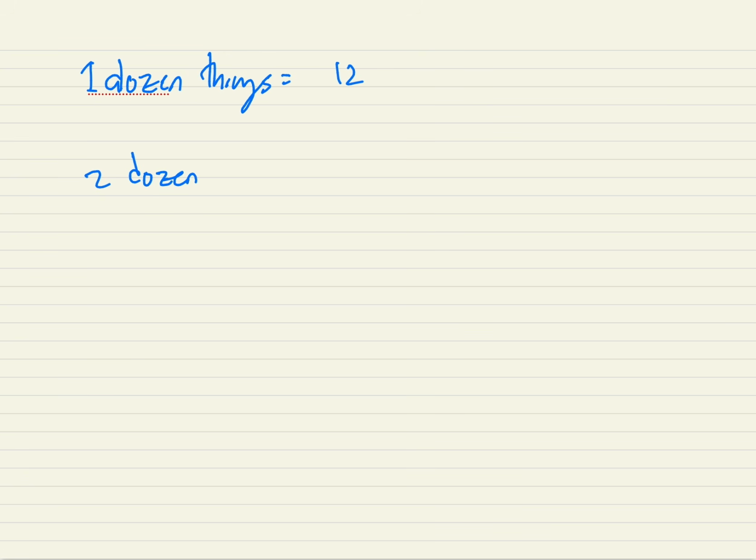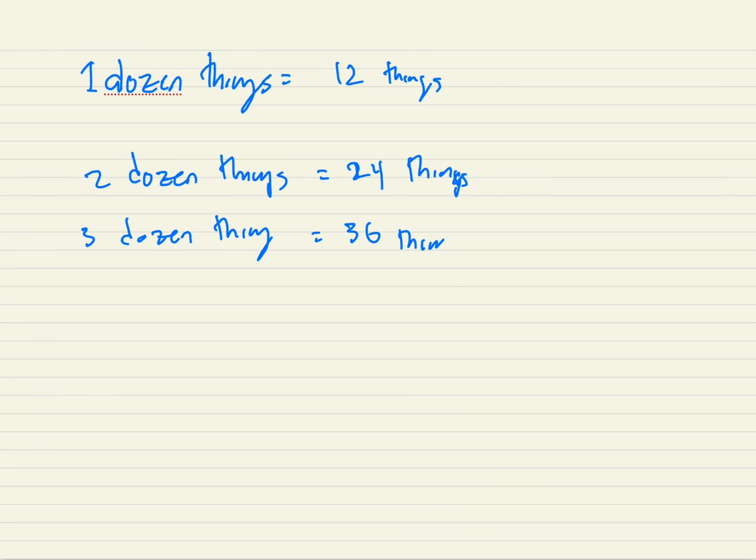If we were to convert that into the actual amount would be 24. 3 dozen things, we convert that and that would be 36 things, right? So for each of these, that's the actual number amount. But the dozen represents the counting device. It represents a number of 12 of whatever that thing it is that we're talking about, right?